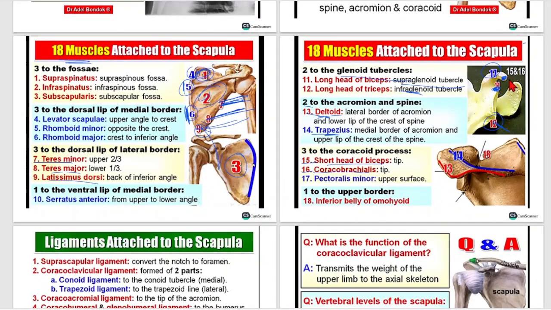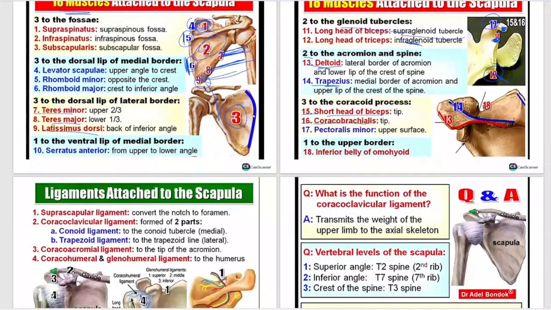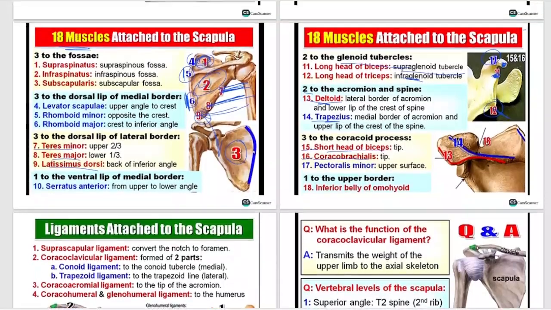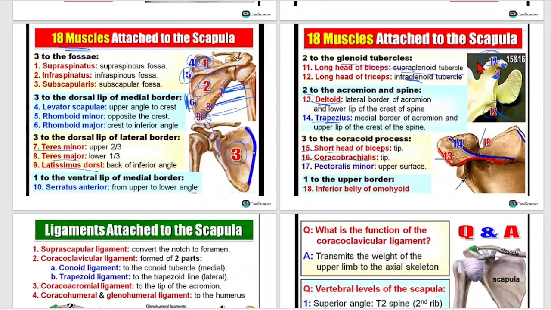The short head of the biceps is also attached here. And the pectoralis minor is also attached here, at position 17.